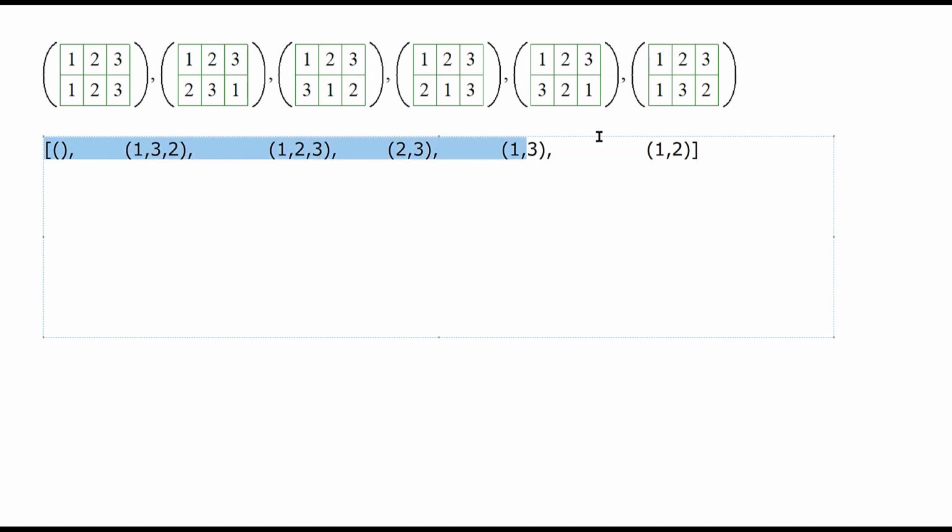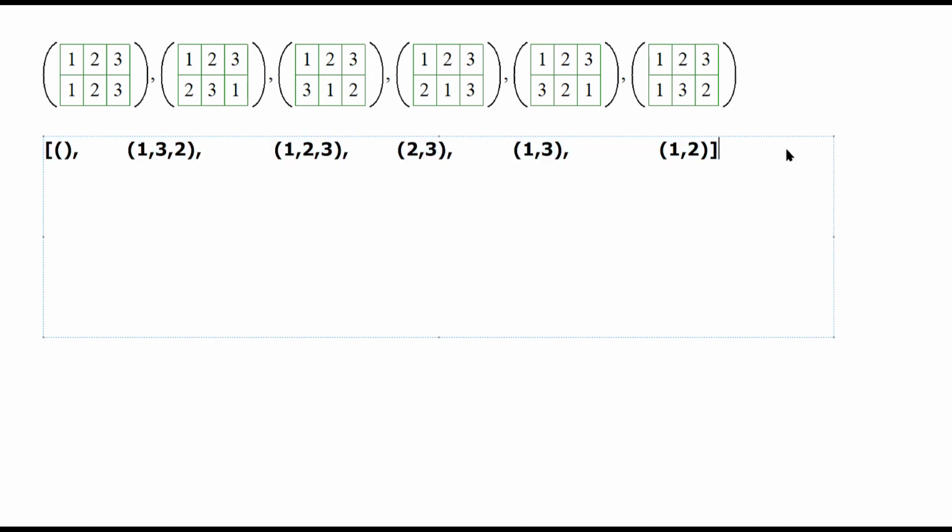Let me just embolden them as well. So what happens here is, this means, remember, this was the 0-degree rotation if you recall. So this is the identity, and they're showing it as an empty set.